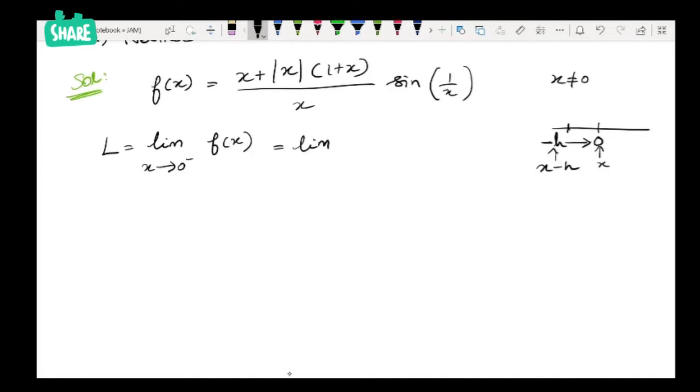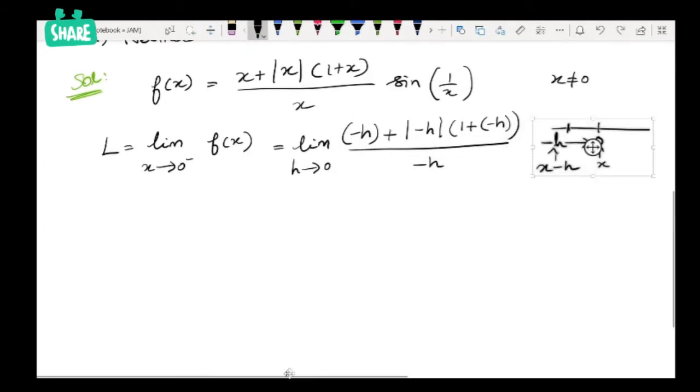So the limit is, limit h tends to 0, of minus h, or I can write 0 minus h, plus modulus of minus h into 1 plus minus h, the whole divided by minus h, and this multiplied by sine of 1 by minus h.